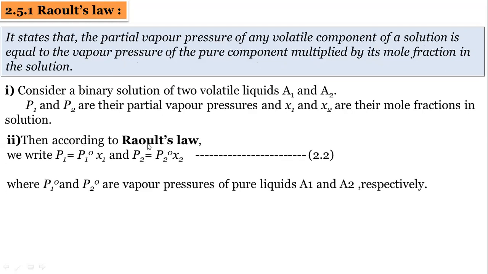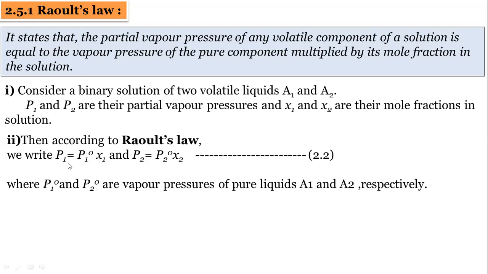From this statement, we can write P1, the partial vapor pressure of A1, and P2, the partial vapor pressure of A2. So P1 is equal to P01 into X1. This is according to Raoult's law. By remembering this equation only, we can write the statement, and from this equation, I will prepare the Raoult's law again.